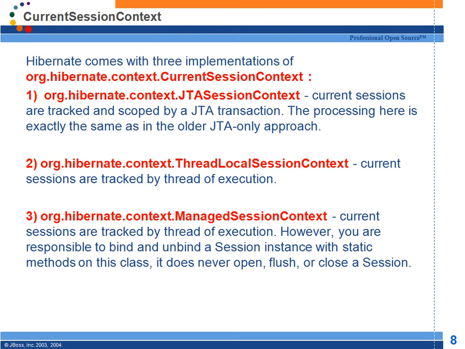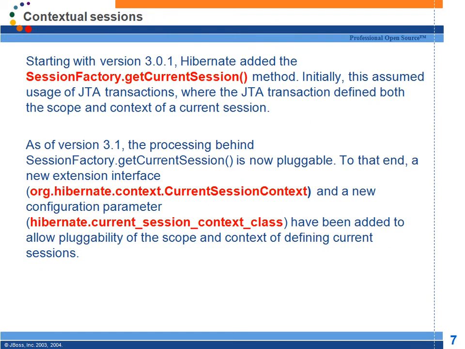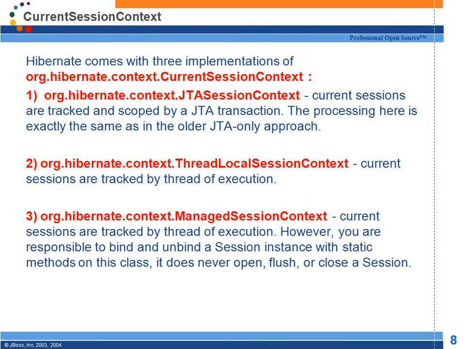Whenever you are saying sessionFactory.getCurrentSession, it has to bind the session to either a JTA transaction or a thread. It will be internally using these classes. If I configure the value of this parameter as thread, it will be internally using this ThreadLocalSessionContext for managing the scope of the session.